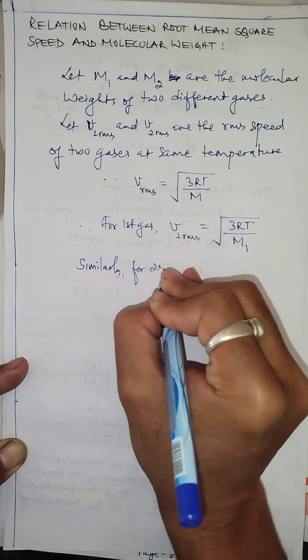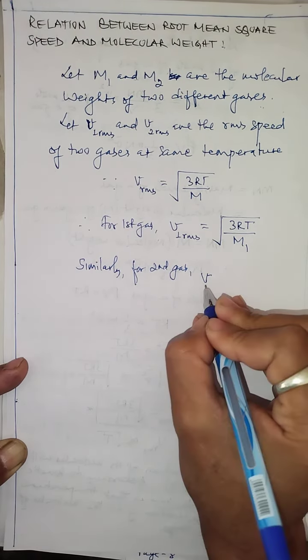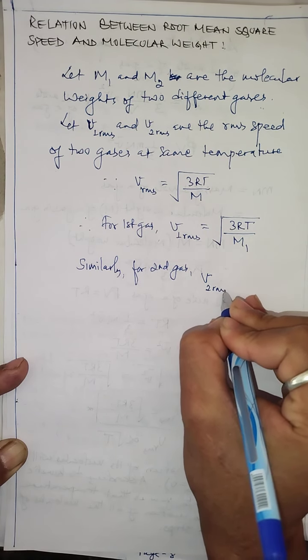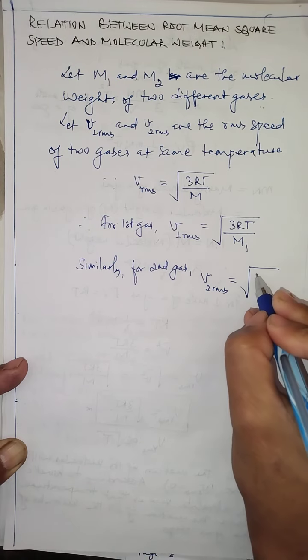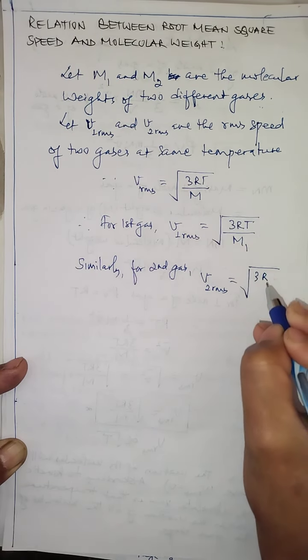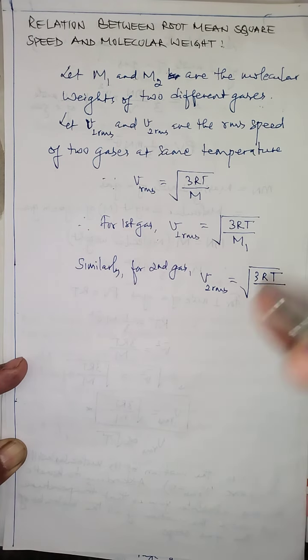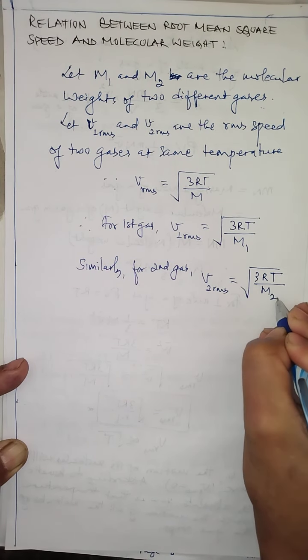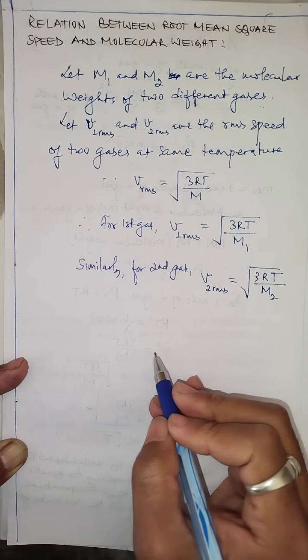Similarly for the second gas, the RMS speed is v2 RMS, which can be written in a similar manner: the square root of 3RT by M2. Again the temperature of this gas is the same T, but the molecular weight of the second gas is M2. So v2 RMS equals the square root of 3RT by M2.